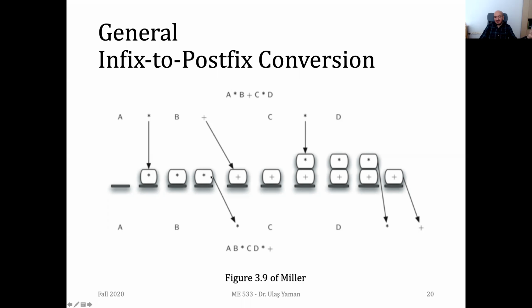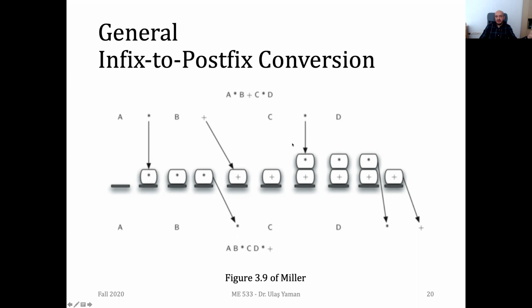You shouldn't have a multiplication sign underneath this plus sign. So that's why we output the multiplication sign before adding the plus sign into our stack. And then we continue scanning. After plus, we have C. This is an operand, so we simply put it into the output list here, C. And then we have a multiplication sign.